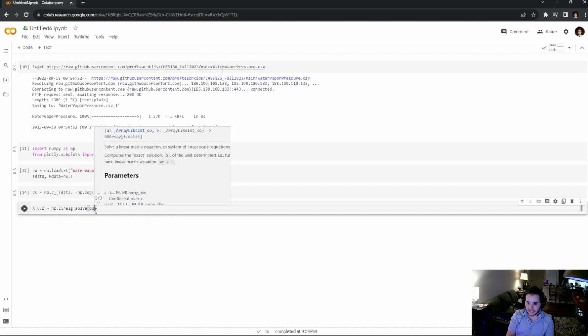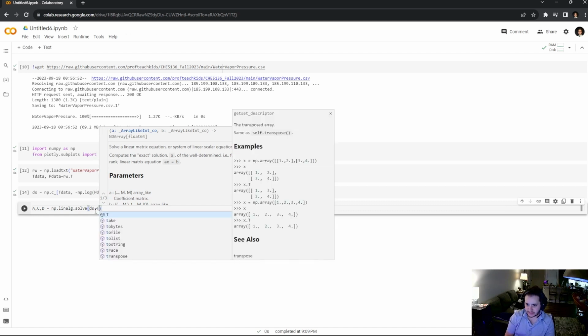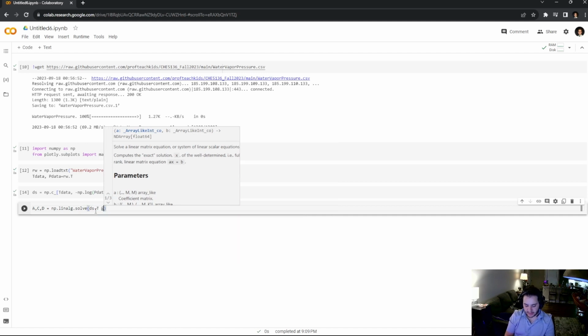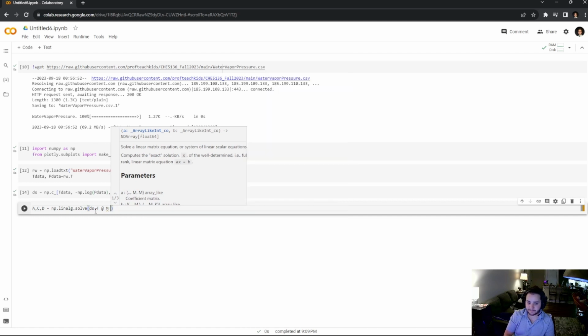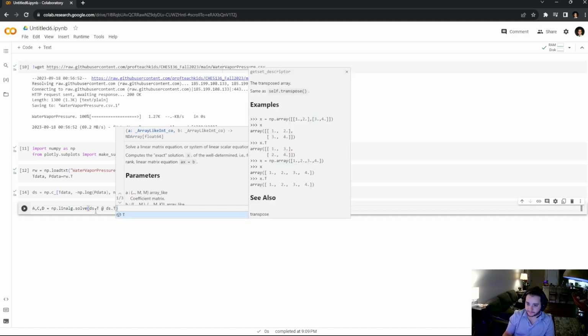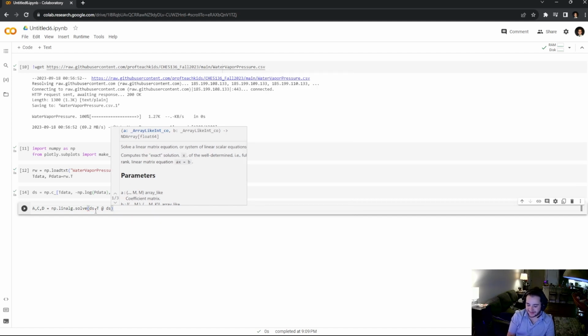Then we have our DS matrix, ds.T, ds.T matrix at our M matrix, because what we're doing here is the transposed, and that's why we have the dot T. So used to typing M's.